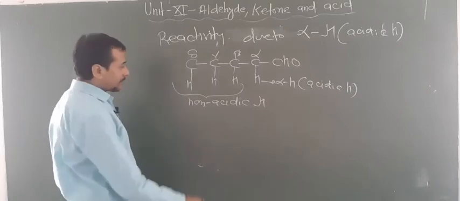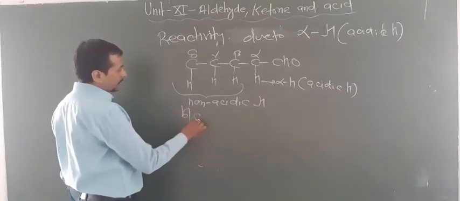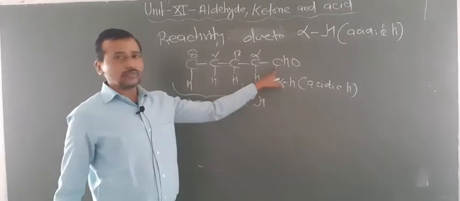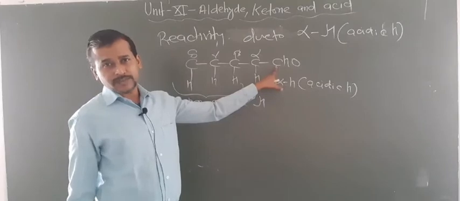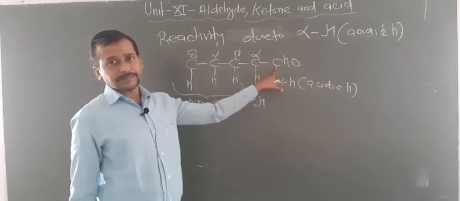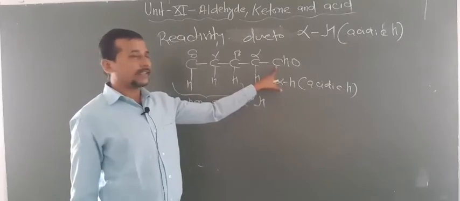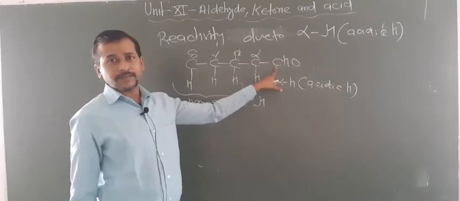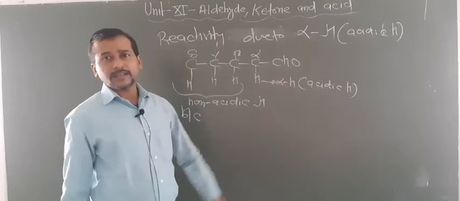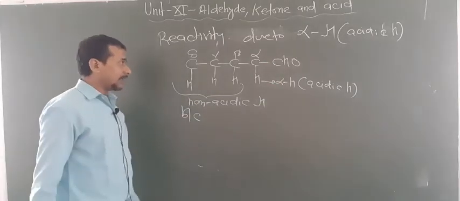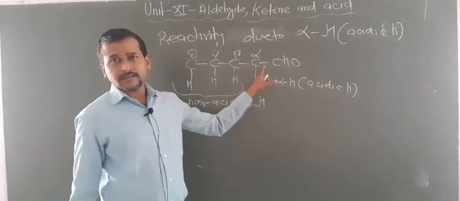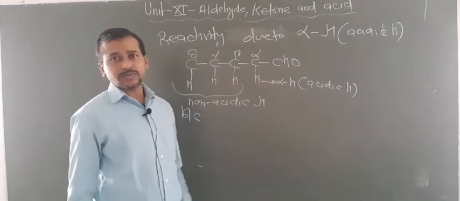The reason behind this is that the CHO group is an electron withdrawing group, that means it has a minus I effect, and I told you also that the inductive effect depends upon distance. As the distance increases, the effect becomes more and more negligible. I also told you that the inductive effect works up to 2 to 3 carbons.